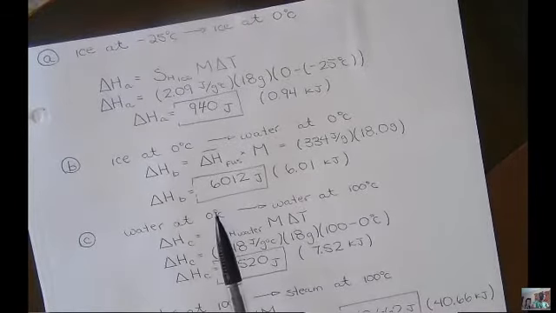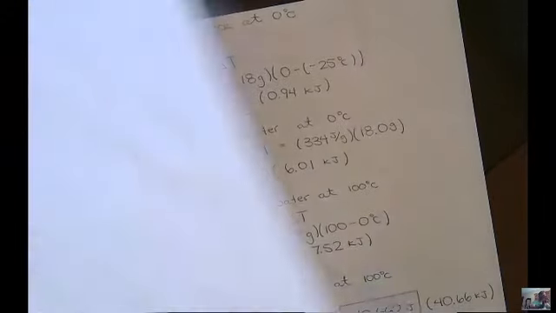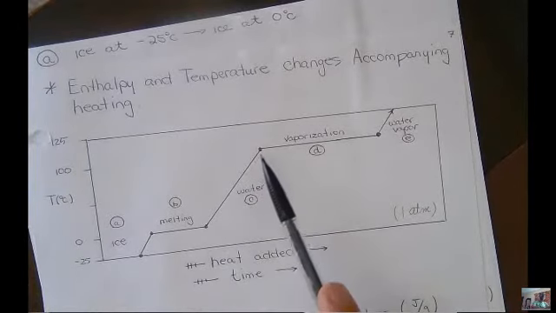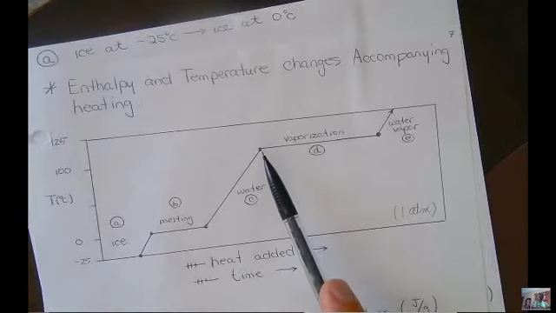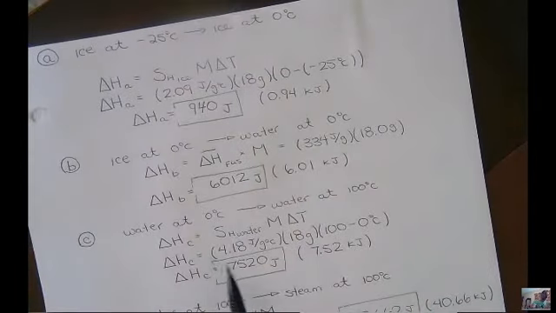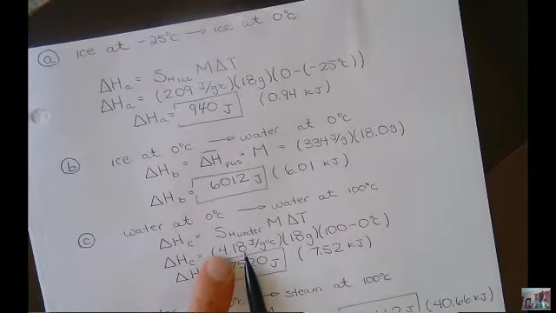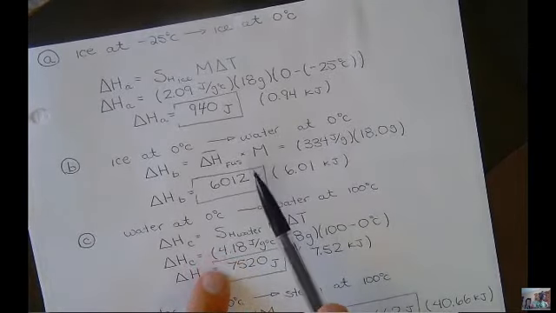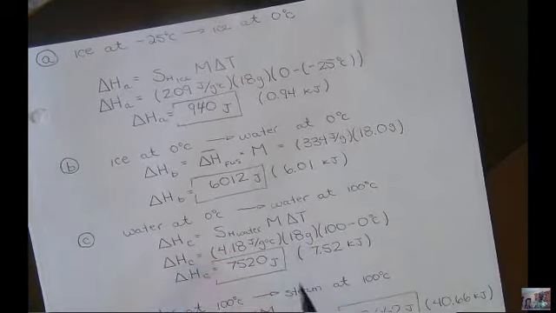Okay, now we have water. We're at step C. Step C is not a phase change, so I need the specific heat of liquid water multiplied by the change in temperature, multiplied by the mass. That's right here. 4.18 was given to you. That's in joules per gram degree C. All specific heats are in joules per gram degree C. The phase change numbers are just joules per gram.